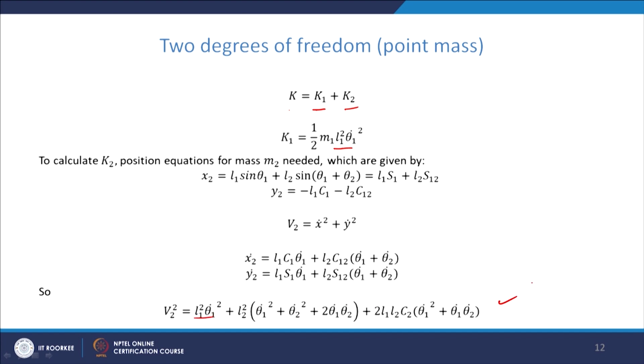Similarly, all other terms can be calculated. This is the x component, this is the y component. If you square this and then add, we get the velocity squared of the point B.